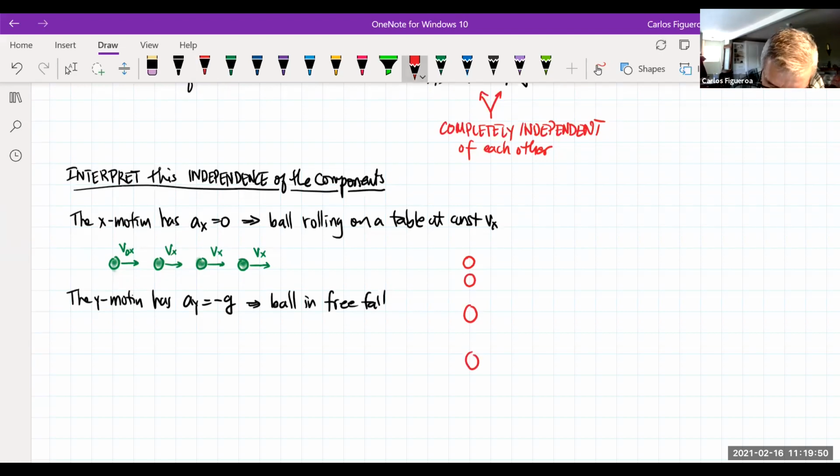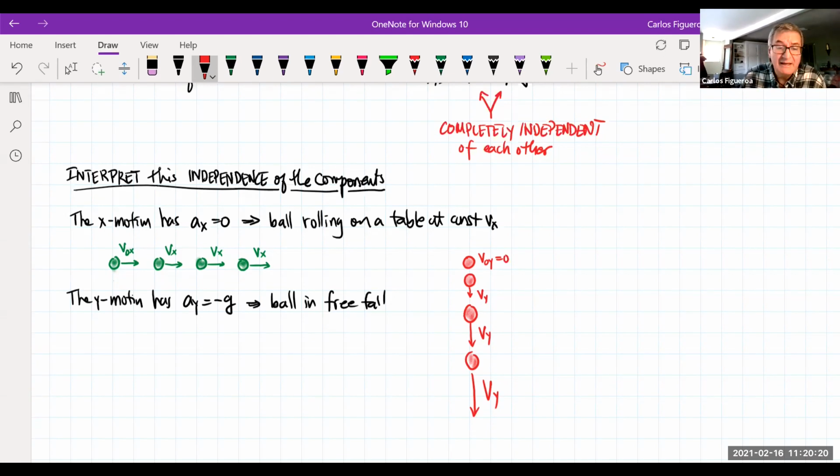Faster and faster and faster. So when I'm looking at the situation here, here's my speed Vy, and I'm getting faster. Initially, Vy was 0 to start off with, because I'm just dropping a ball.